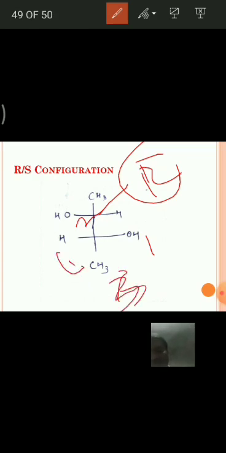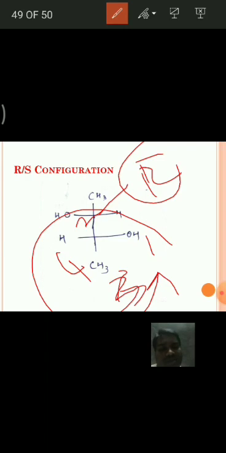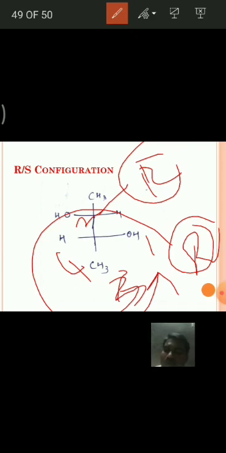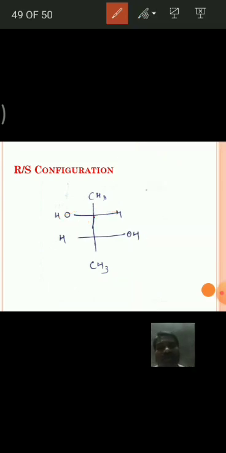Again the fourth group is at the horizontal line, 1 2 3 is counterclockwise, again R. So the configuration will be R and R. In this way we can assign R S configuration.